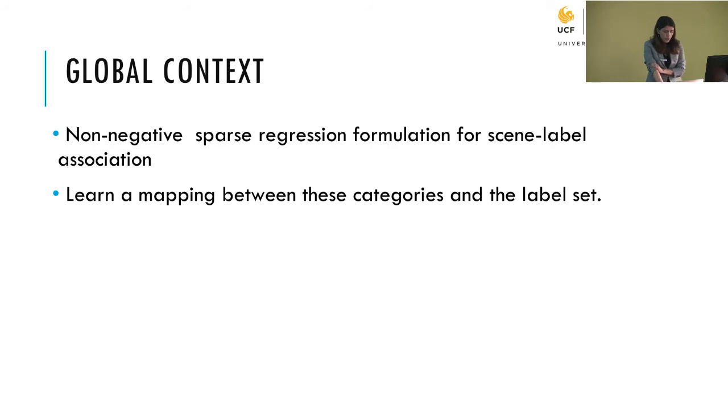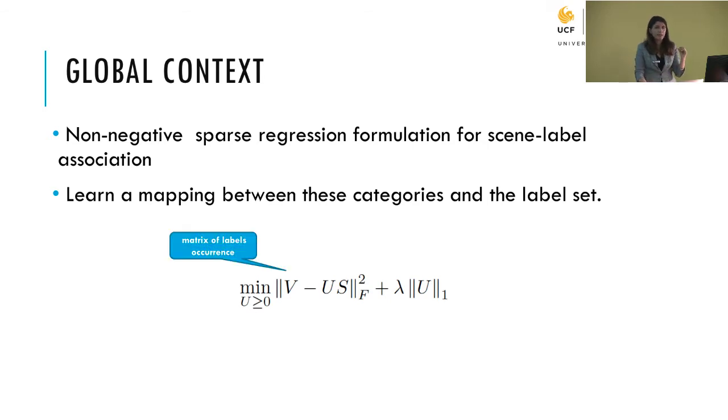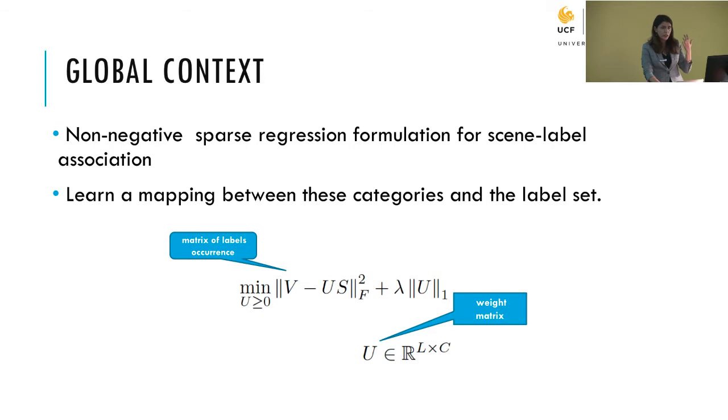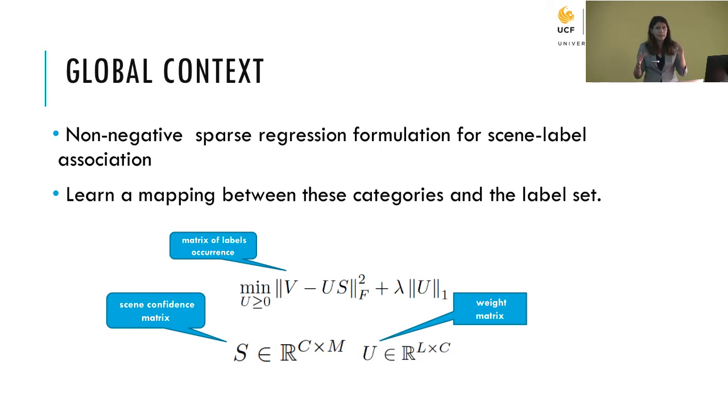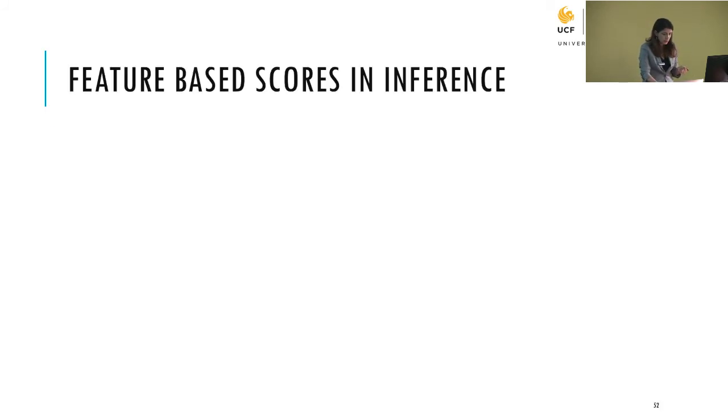When we want to learn the mapping between categories and scenes, V is a matrix of occurrence of the semantic labels in our training data, and we want to find U, which is a weight matrix, and we can have S from the scene confidences from the Places network. When we learn this U, we can later use it in the inference part.